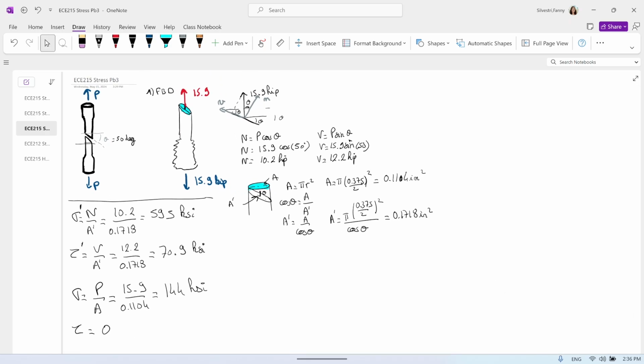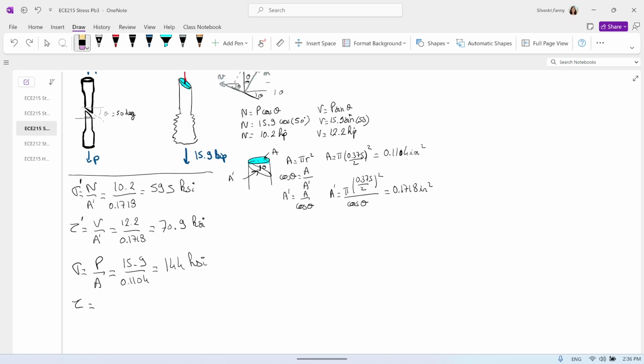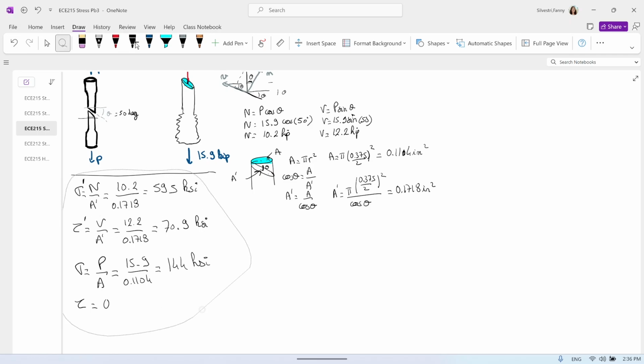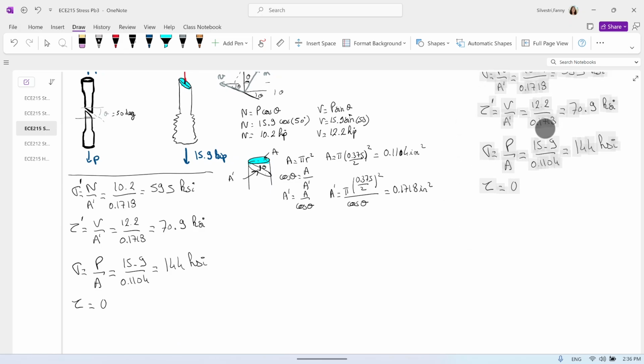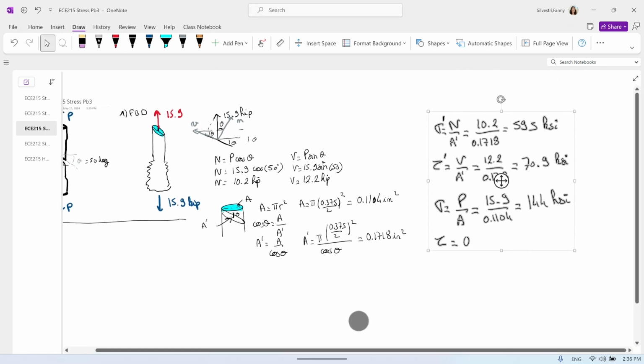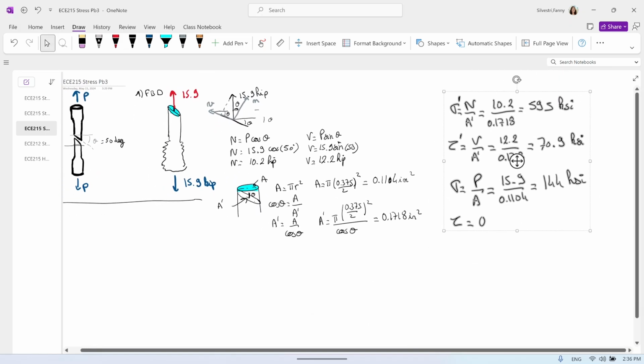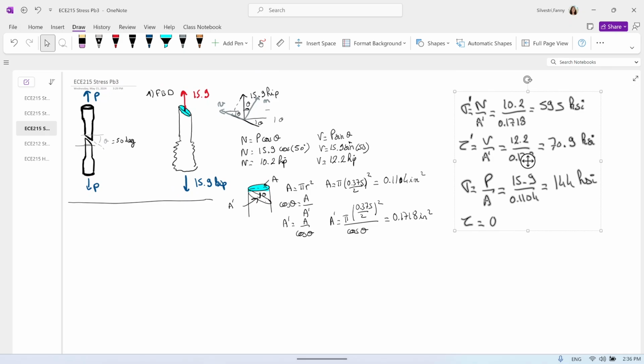So let me reorganize this a little bit for your paper. So we will have all this data going here. So what did we do? Remember, always the same steps: free body diagram, the equation. Here it is not really an equation of equilibrium.